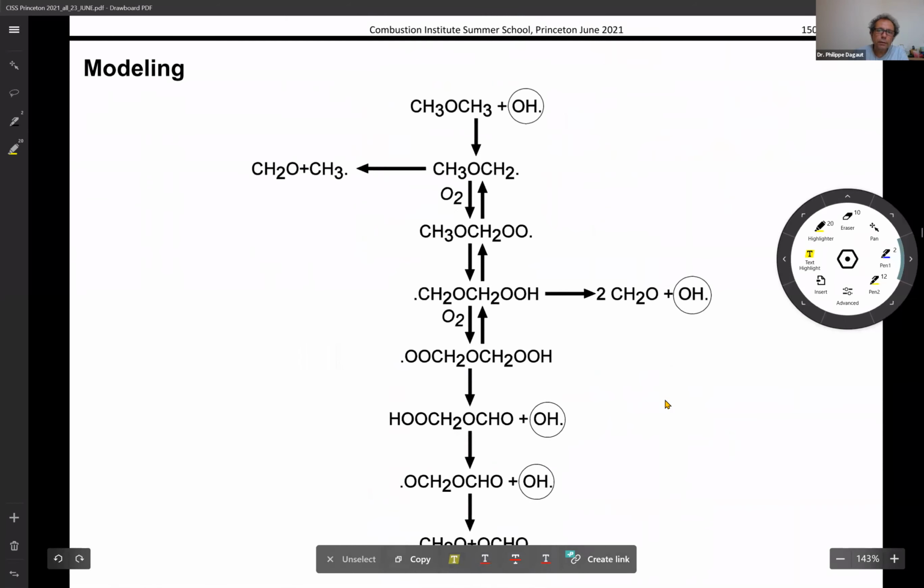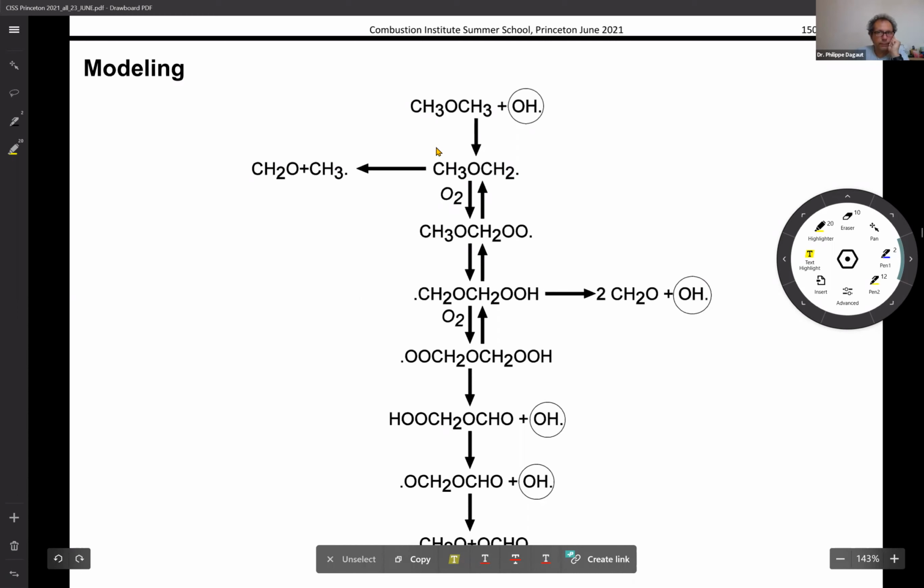If we take dimethyl ether as an example, dimethyl ether will react with OH radicals. Since it is a symmetrical molecule, either you abstract from this methyl group or this methyl group, it doesn't matter.